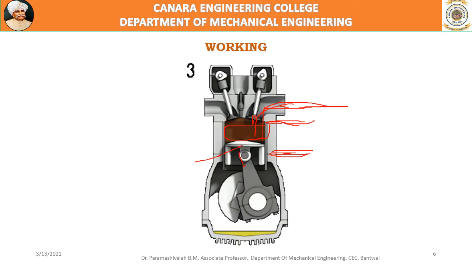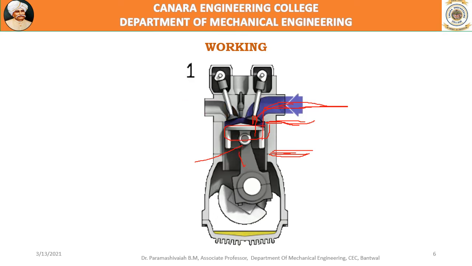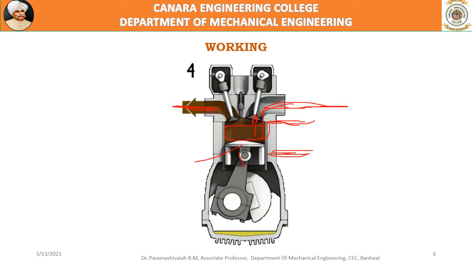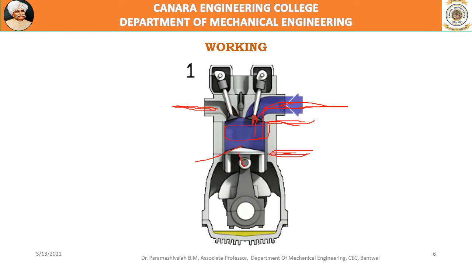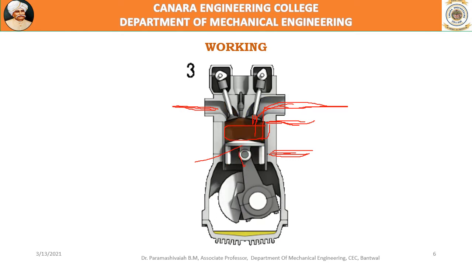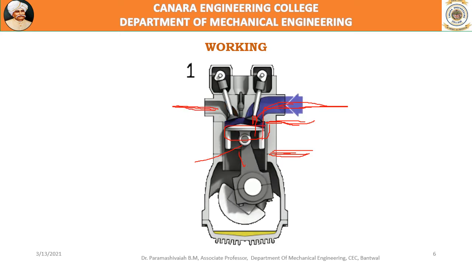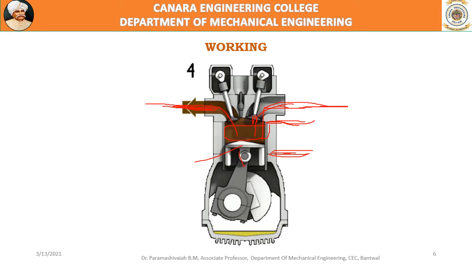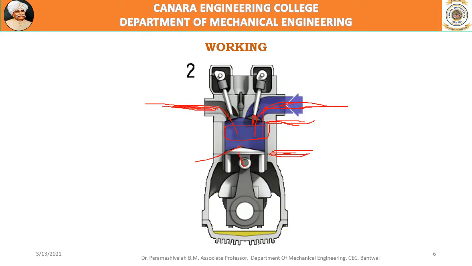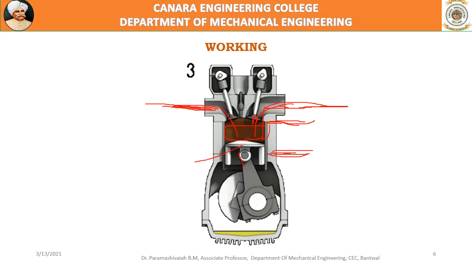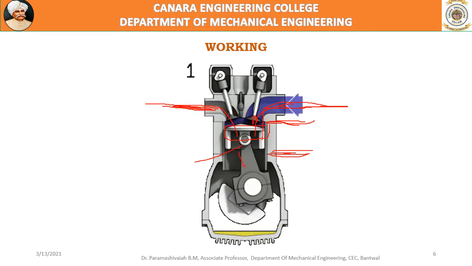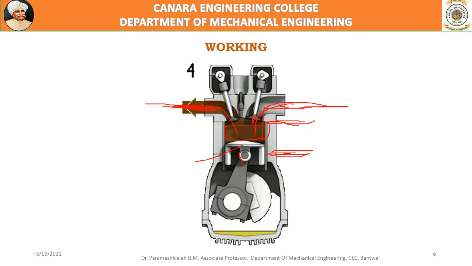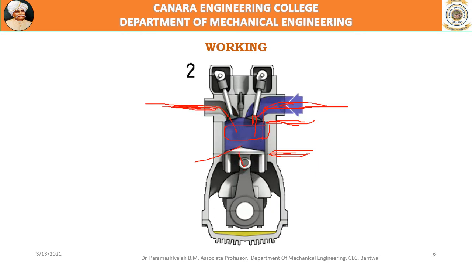Then this is the exhaust manifold, through which the products of combustion, when the fuel is burnt inside the engine cylinder, maybe carbon dioxide and other gases, are thrown out. This is called the exhaust manifold. And this is the valve which opens during the exhaust stroke, to flush out the products of combustion. So these are the major components.